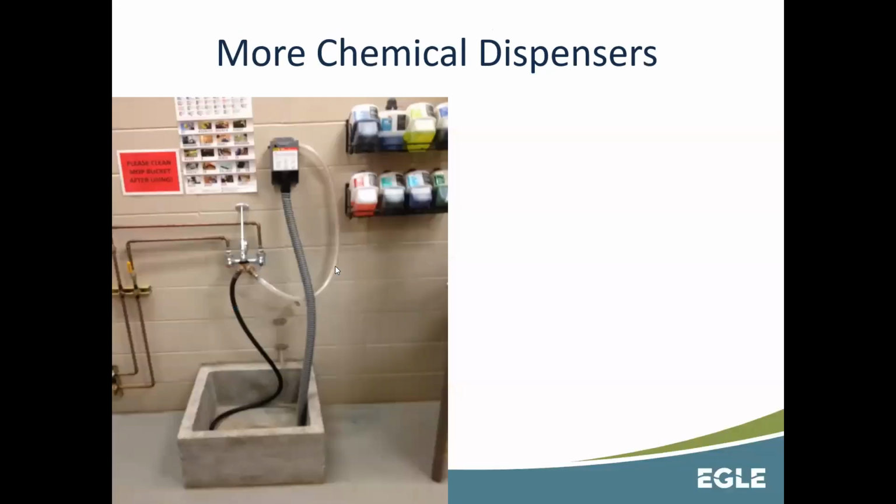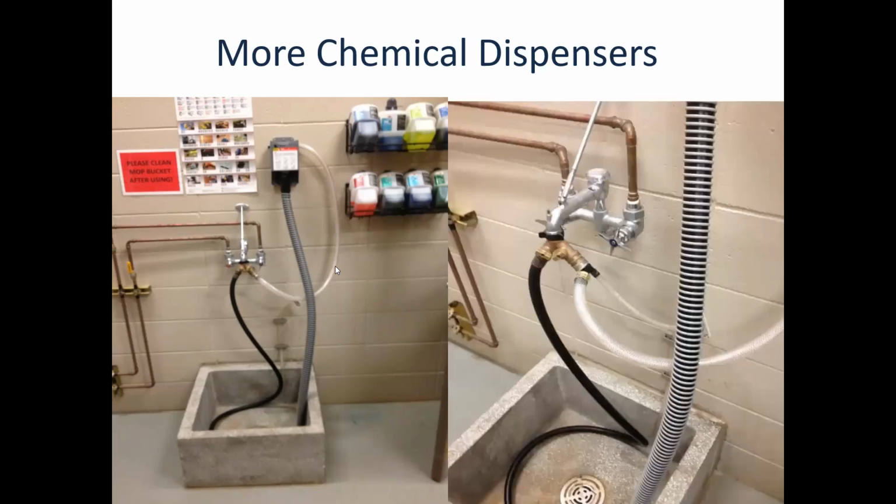On this setup, this looks like it is at an actual wastewater treatment plant. In this case, we've got our chemical dispenser up above. Again, it's tapped into the splitter that's off the hose.